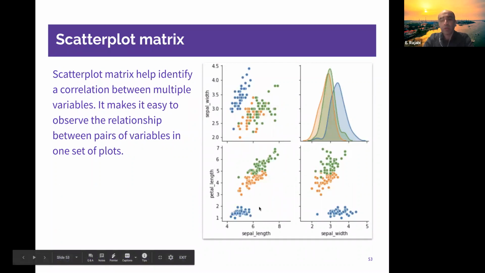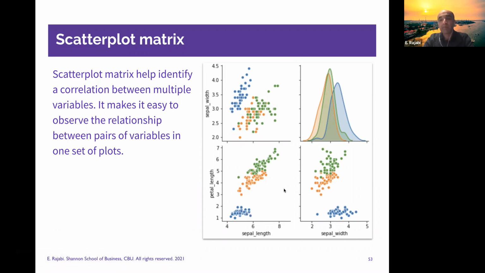For example, numerical columns that you have, you can use a scatter plot matrix where you define the relationship between the different variables, for example, using these scatter plots. I use a lot scatter plots when I want to see what are the overall correlation between the variables in a data set.